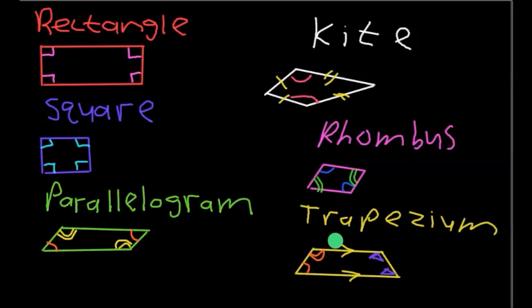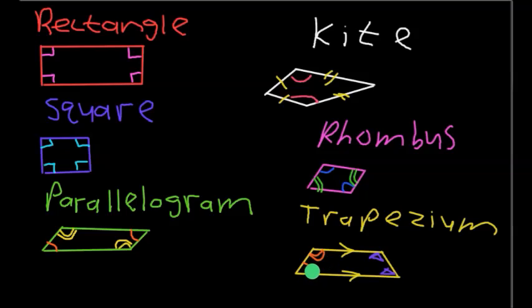For the trapezium, we know that one pair of sides runs parallel to each other. One of the properties of parallel lines is that if we have a transversal, in other words a line that cuts two parallel lines, then the co-interior angles add up to 180 degrees.